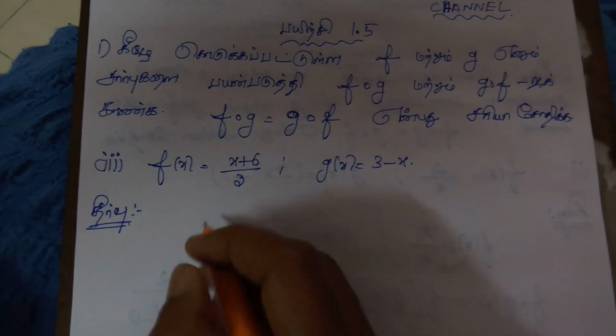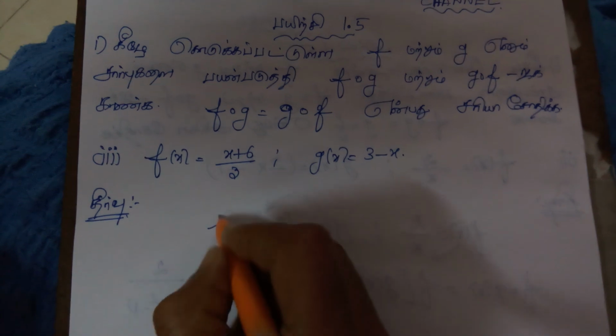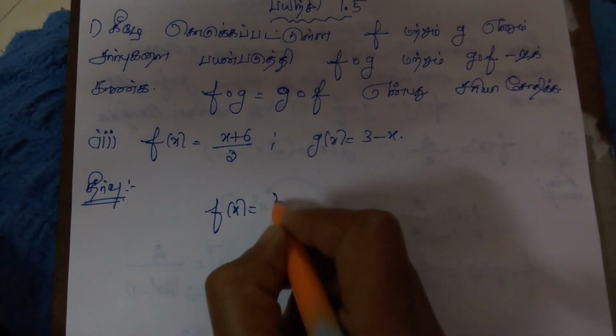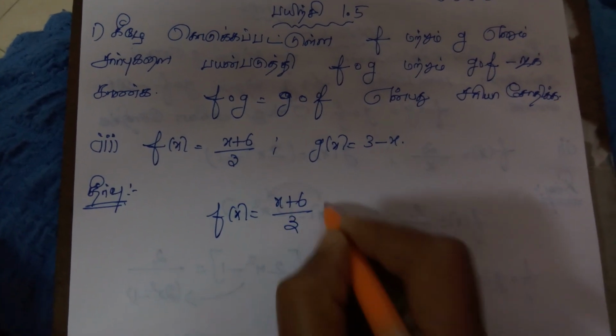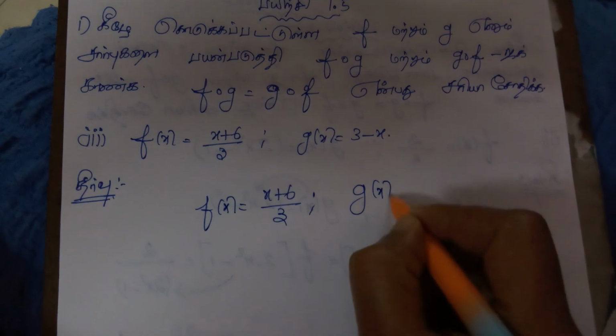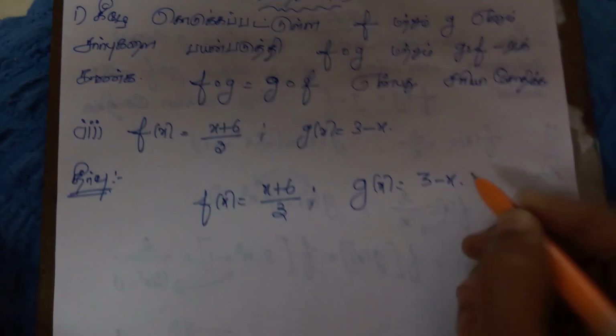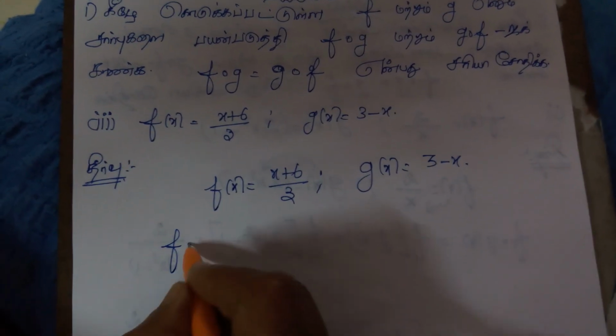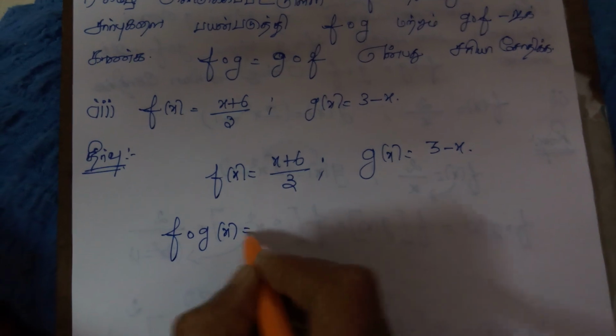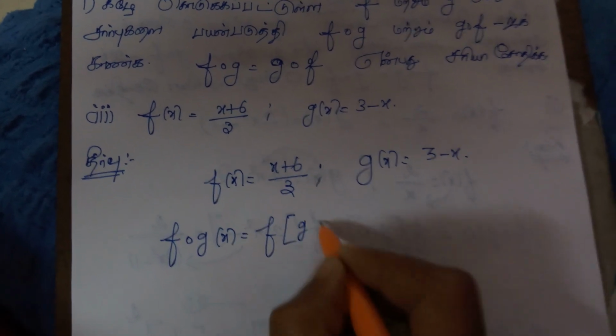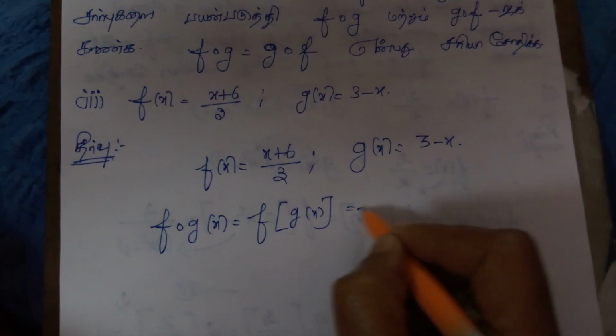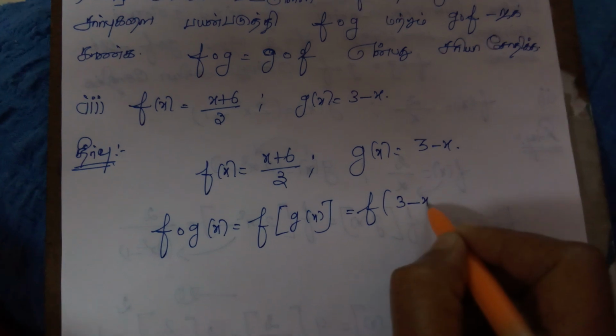First, what do we have? f of x equals (x plus 6)/3, g of x equals 3 minus x. So f composition g of x equals f of g of x. g of x is 3 minus x.